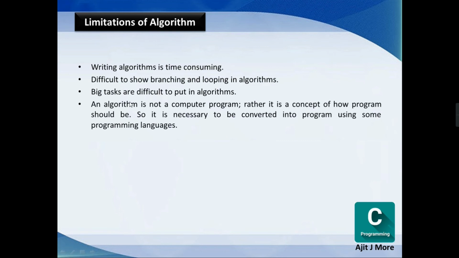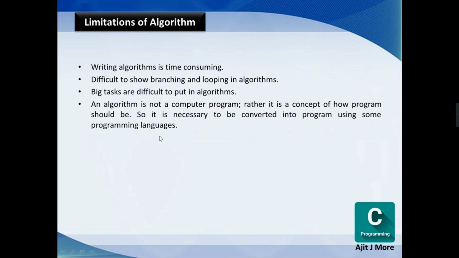And already I said an algorithm is not a program. It is just a sequence of English steps which is telling you how to solve the problem. But ultimately you have to convert this algorithm into a program. So this step you cannot run away from. It is necessary to convert it into a program by using some programming language.